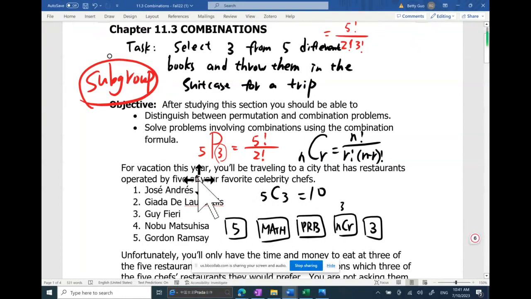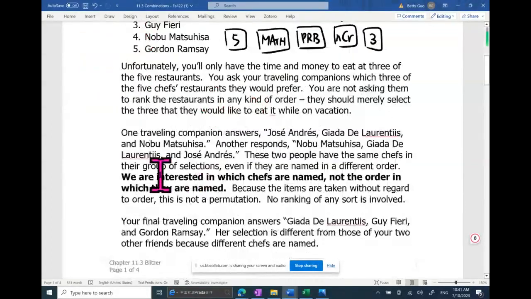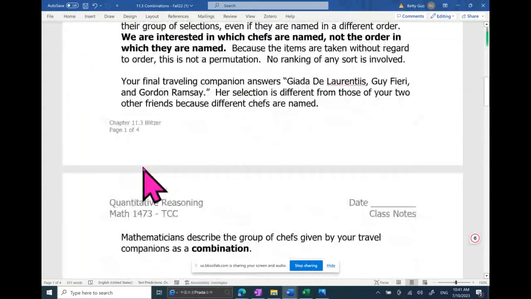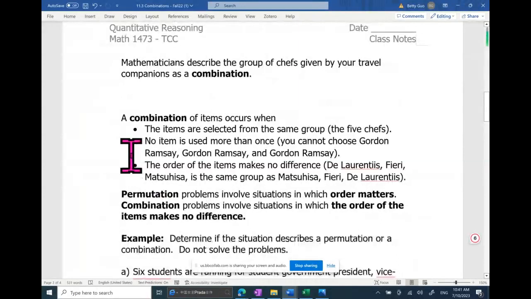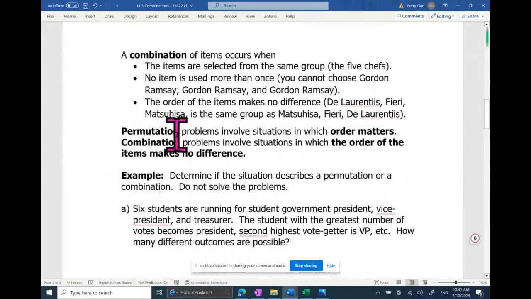Use the calculator, and let's go ahead and work on the examples. As you can see here, permutation problems involve situations in which order matters. Combination problems involve situations in which the order of the items makes no difference. All that matters is the subgroup.